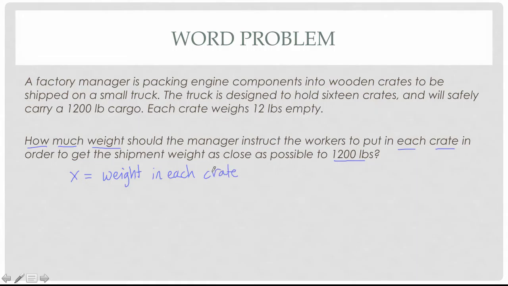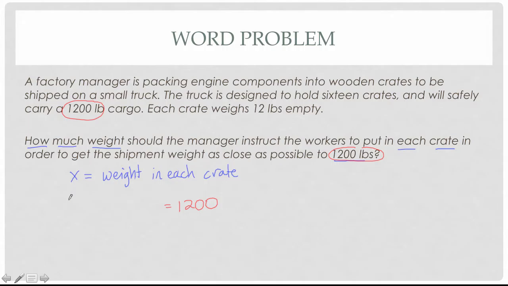Now let's start putting things together here. I know that this 1,200 pounds is the most weight that I want. So stuff has to add up to get to 1,200 pounds. Now what's going to add up to 1,200 pounds? 16 crates, right?